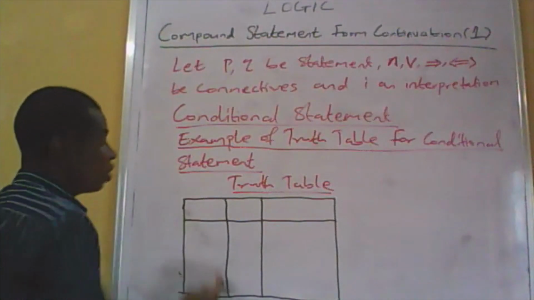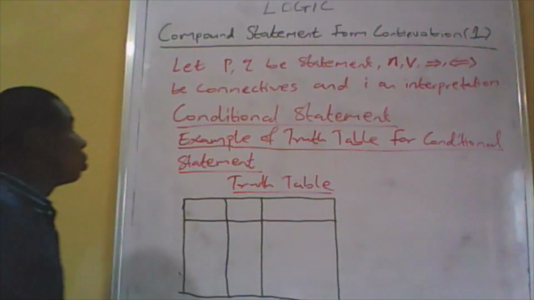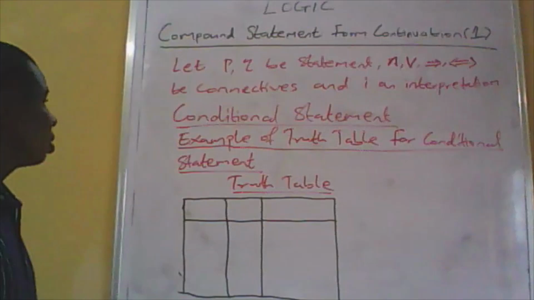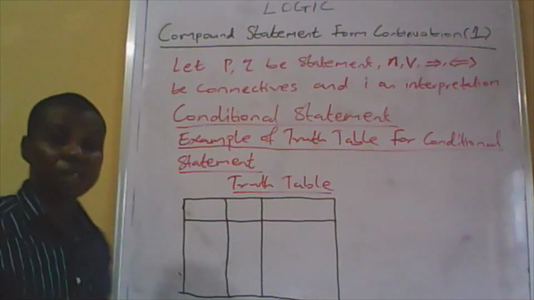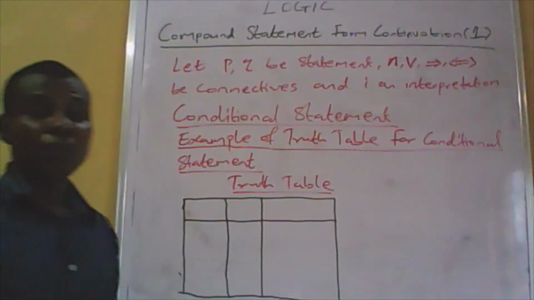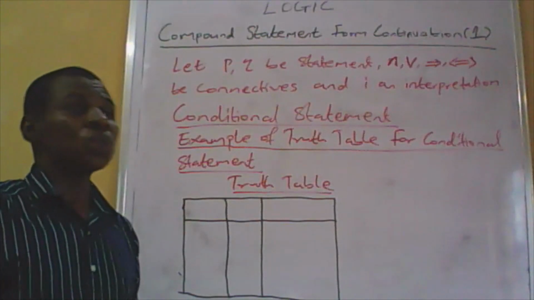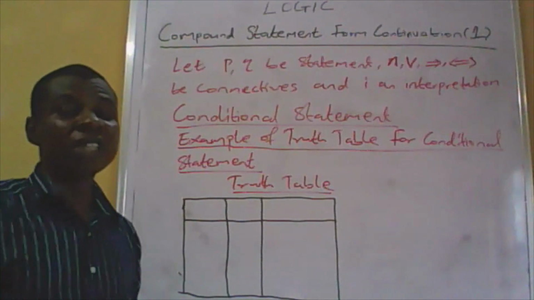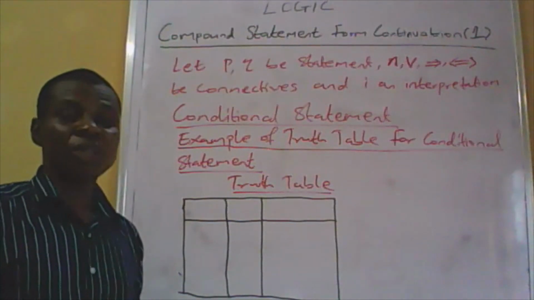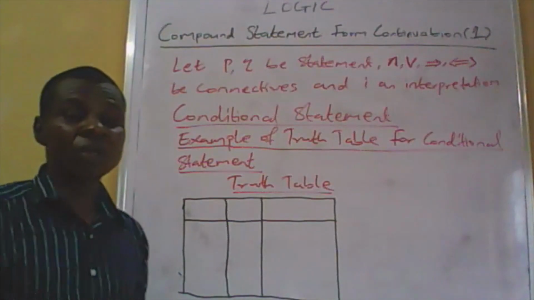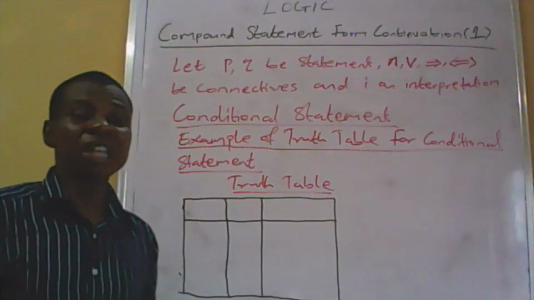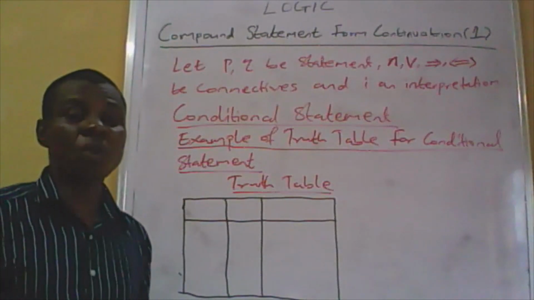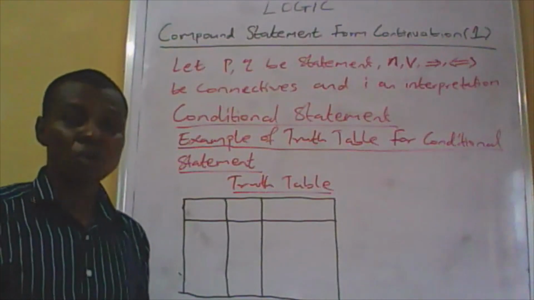Since we have two simple statements involved in the conditional statement, that means P and Q. Our formula for determining the rows in a truth table is 2 power n, where n denotes the number of simple statements involved in the compound statement. Here you have 2 power 2, which is equal to 4. You're going to have 4 rows.